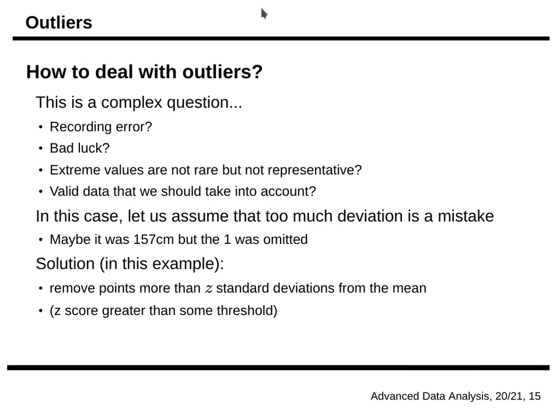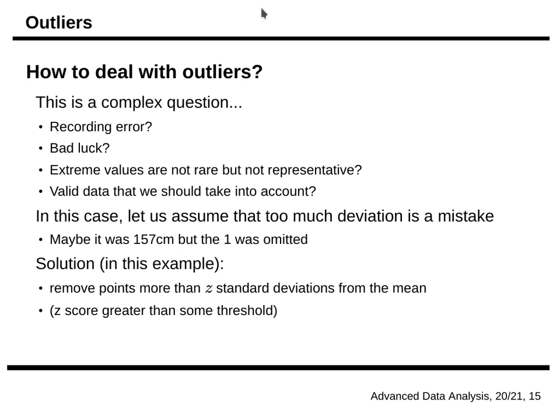They can be just mistakes, where that value is simply wrong. It can be something that is very rare, but it appeared in our sample by bad luck, by sheer chance. It may be that there are extreme values that are not rare, but we don't really want them because they are not representative of something that we are looking for. Or it may be that they're actually valid data and we need to take them into account.